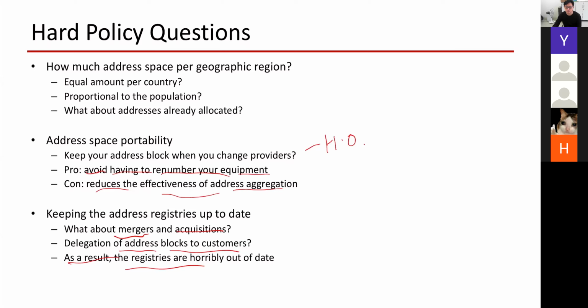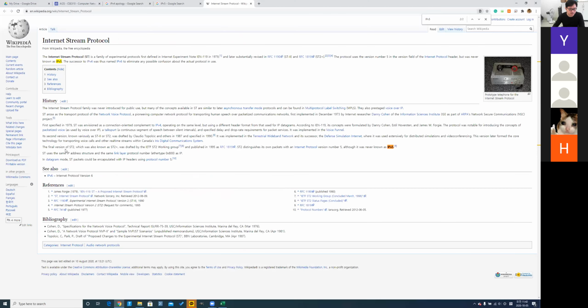Any questions? So IPv5 was discussed between IPv4 and IPv5, and IPv4 was selected. It is four numbers, I believe, if you read through carefully.